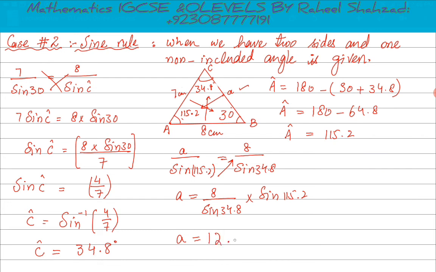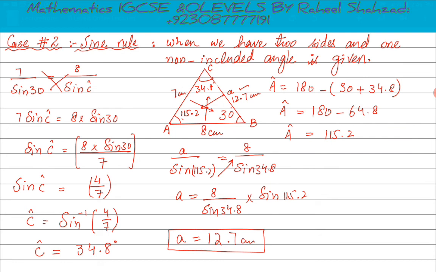We write 12.7 centimeter. That is length A. So that's how we apply sine rule to find out unknown sides and unknown angles.